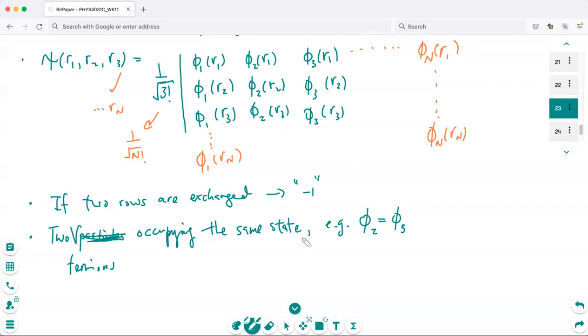So again, from matrix theory, you know, this is 0. The matrix will be 0. So this will lead to two identical columns, and the wave function goes to 0. So this is not what we want. We do not like to see this. So how do we prevent this? The way to prevent this is to go to the source and demand this operation being illegal.